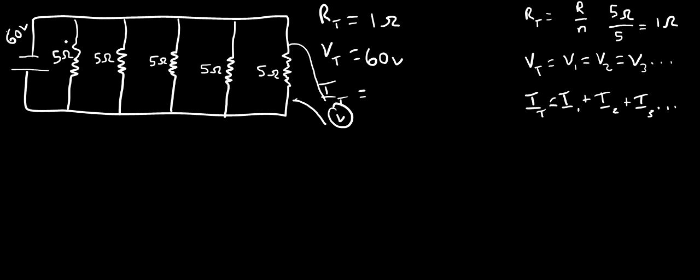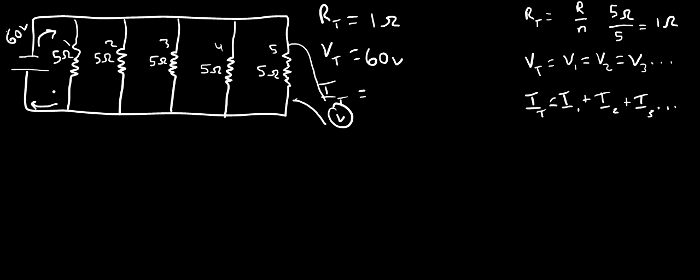This is R1, 2, 3, 4, and 5. The total amperage will be right here. Right there is the total amperage going out of the circuit, and here's the total amperage coming back into the circuit.